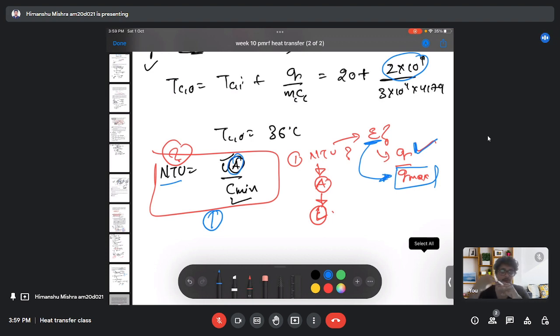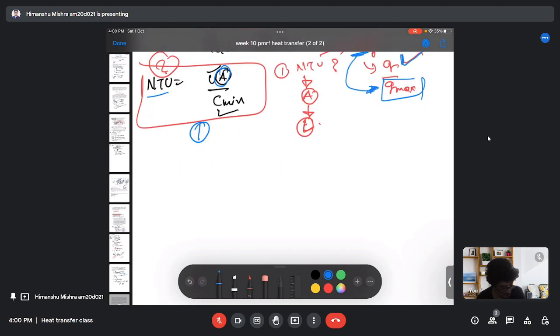So basically we are going in the reverse direction, and we can still follow reverse. For the maximum heat rate, we require the inlet temperature of the hot fluid as well as the inlet temperature of the cold fluid.